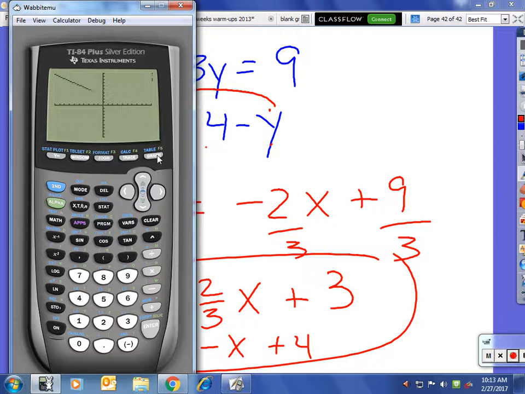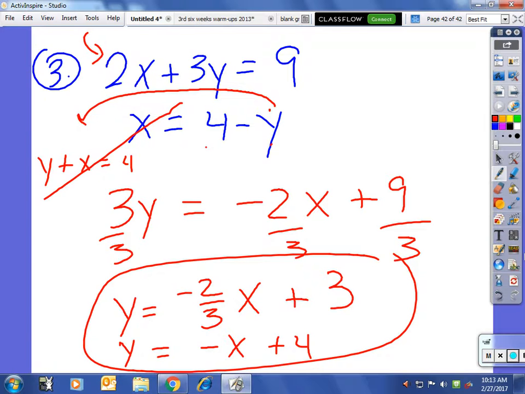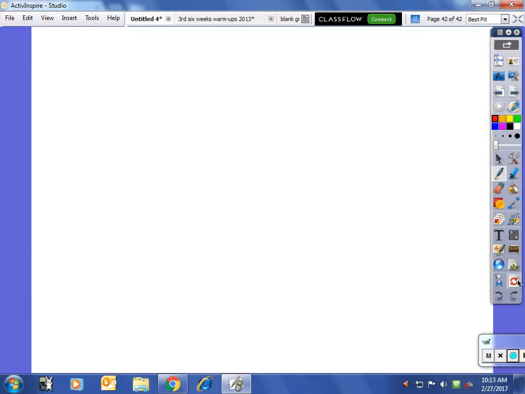Make sure I can see it, because if the calculator can't see it, it won't tell you the intersection. Definitely can see it. Second function, calculate, intersection, first curve, second curve, guess. There we go, 3, 1. 3, 1, just by changing around the forms, which is a skill that you have got to be experts at anyway.